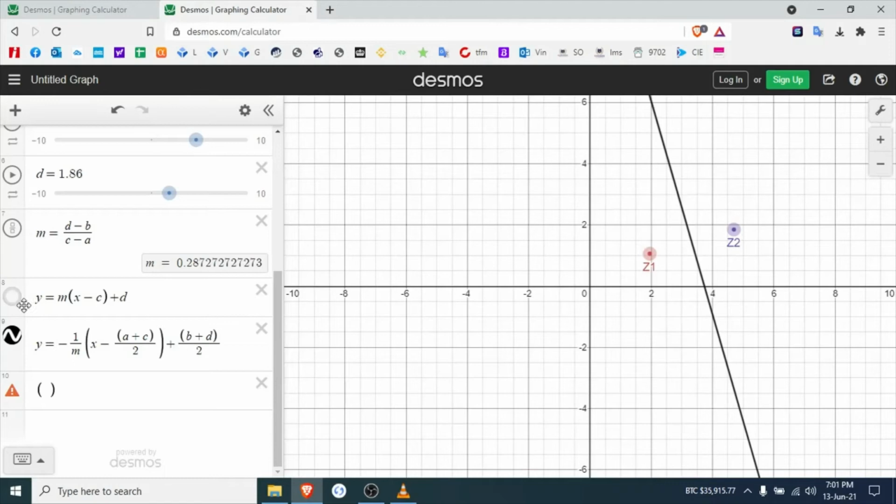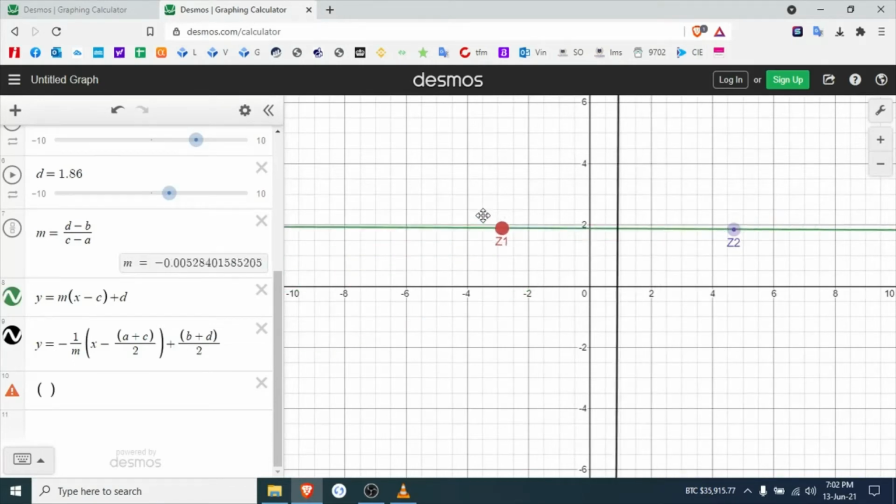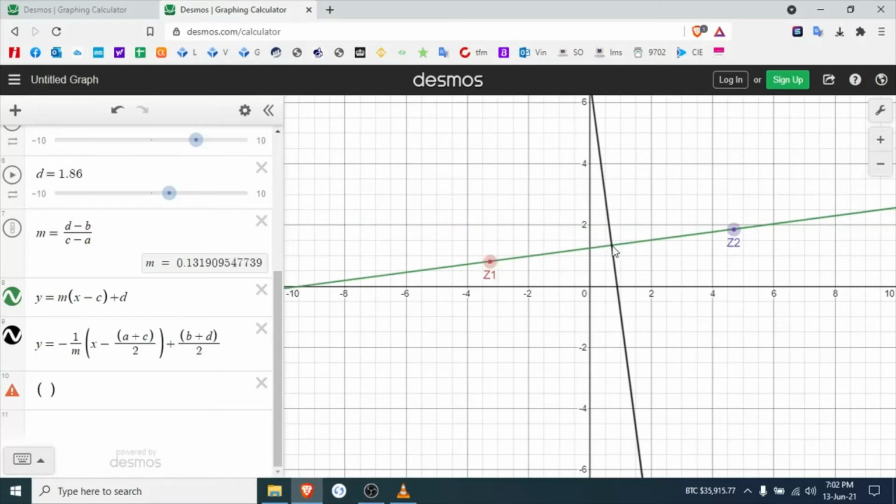If I show you the line joining Z1 and Z2, that green line, you can see the perpendicular bisector is always in the center. It's equidistant from Z1 and Z2 and it's perpendicular to the green line. So the black line is 90 degrees to the green line and it splits the line between Z1 and Z2 exactly in half. That's what a bisector means: split the line in half, and perpendicular means 90 degrees.